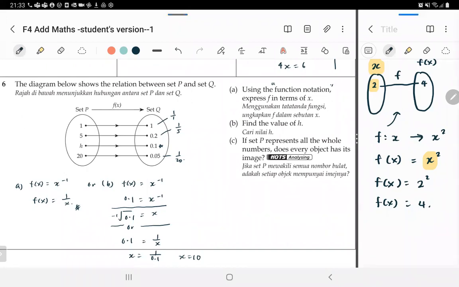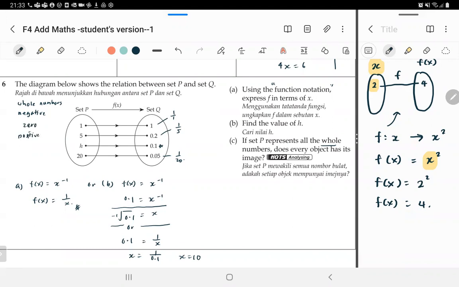Whole numbers include negative numbers, 0, and also positive numbers.